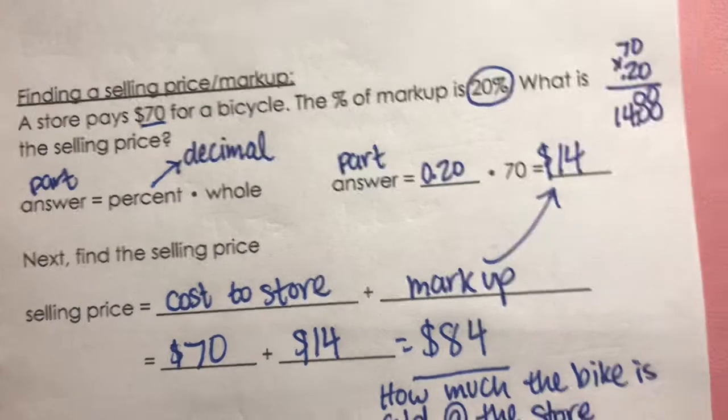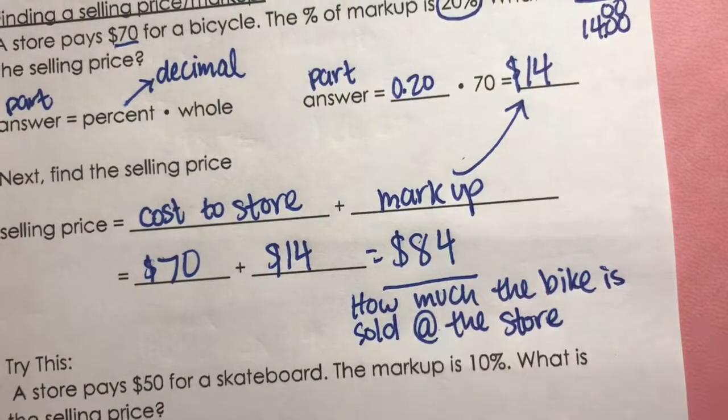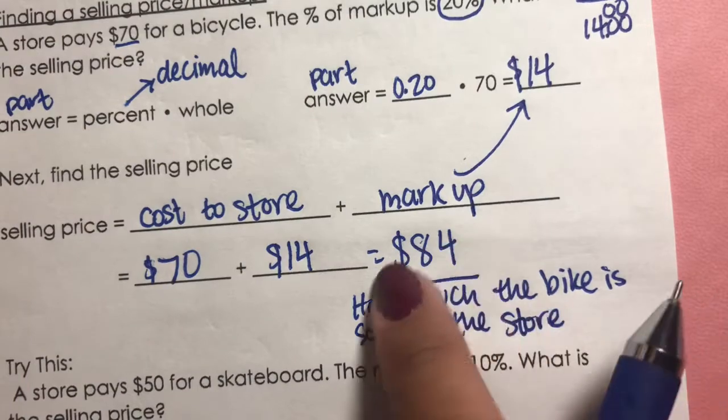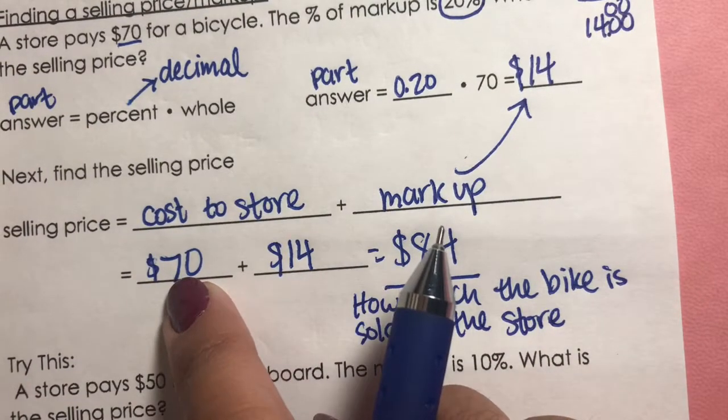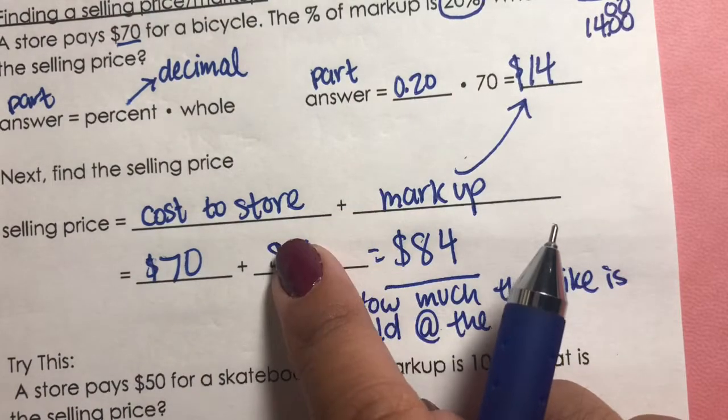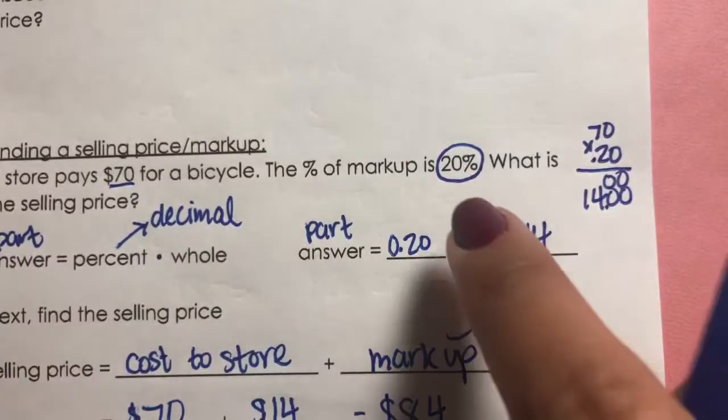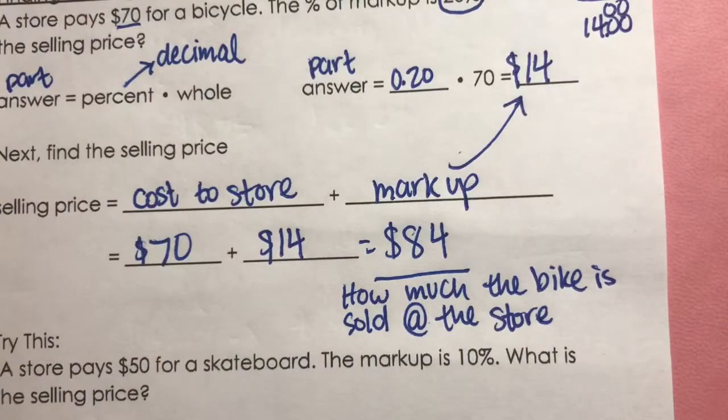That's how much you're going to be paying at the store for this bicycle. The store paid $70, but they're charging you $14 extra so they can earn a profit, because their markup is 20%. So you have $84.